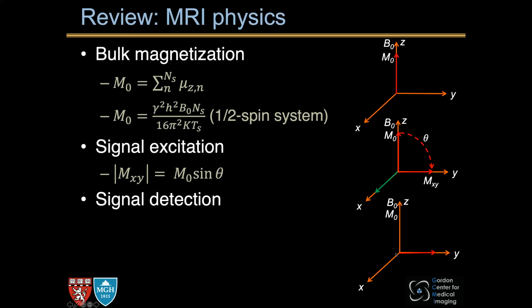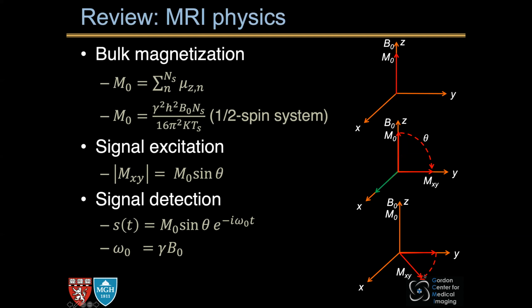Once this bulk magnetization vector is in the transversal plane, it will generate signals that can be detected. Basically, this bulk magnetization vector will rotate around the external magnetic field at a frequency we call the Larmor frequency, which is the product of the gyromagnetic ratio gamma and the strength of this external magnetic field.